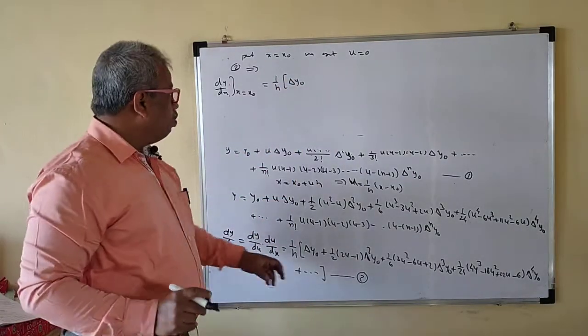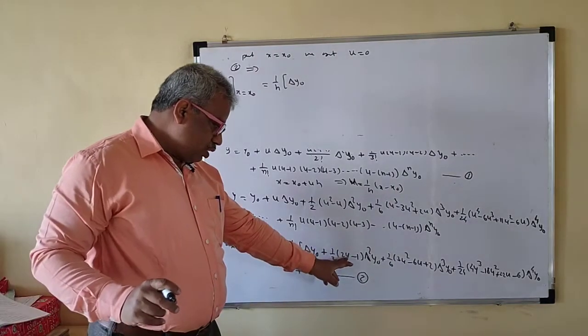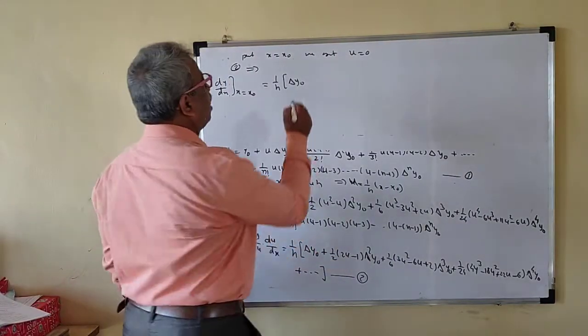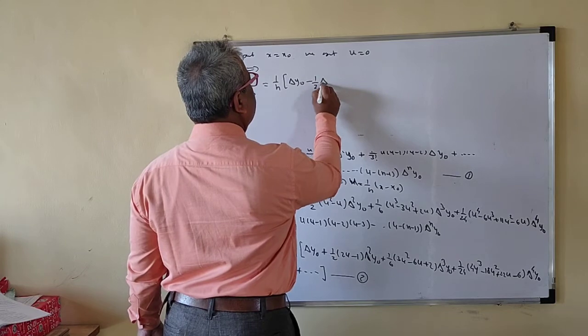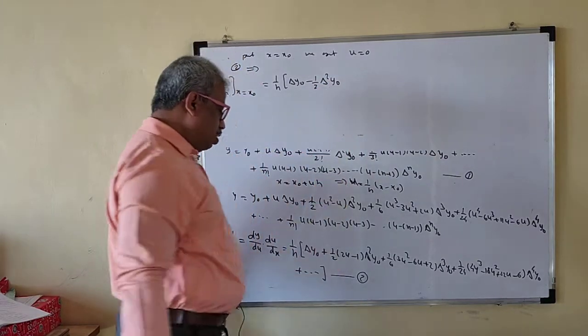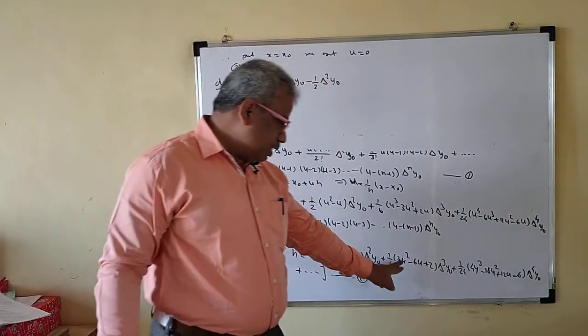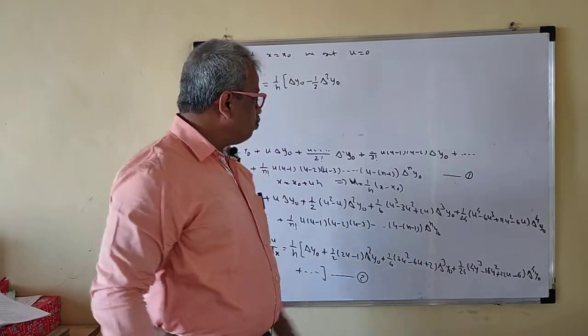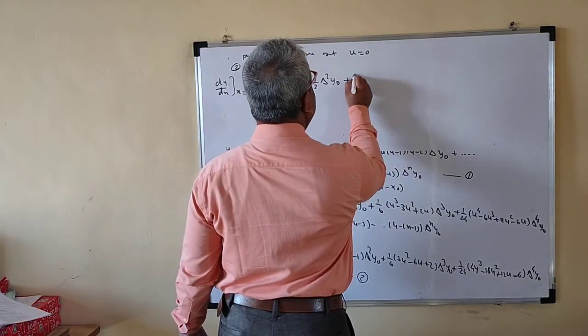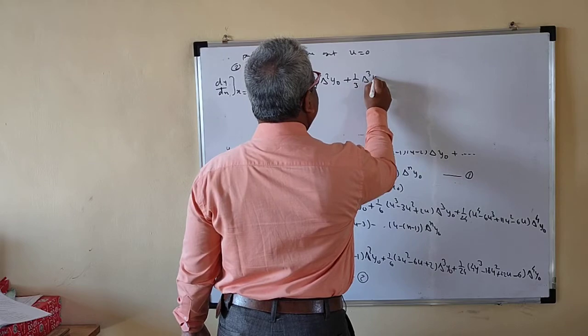Since u is equal to 0, then this is minus half del square y naught. Then 2 upon 6 is 1 upon 3, plus 1 upon 3 del cube y naught.